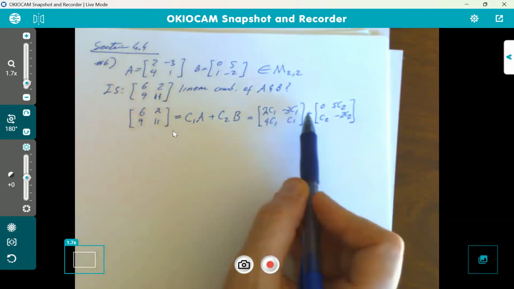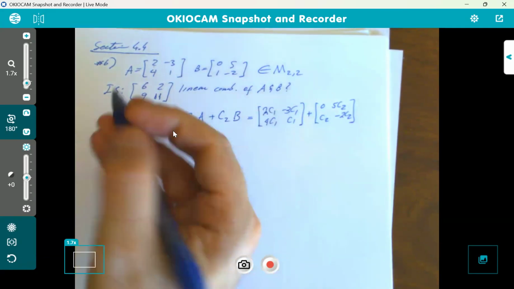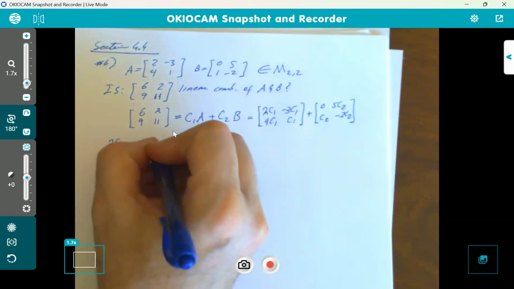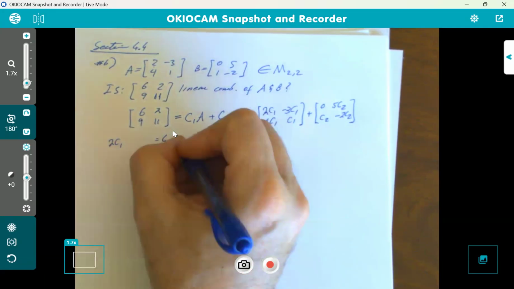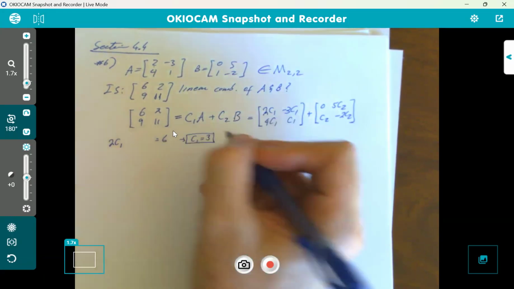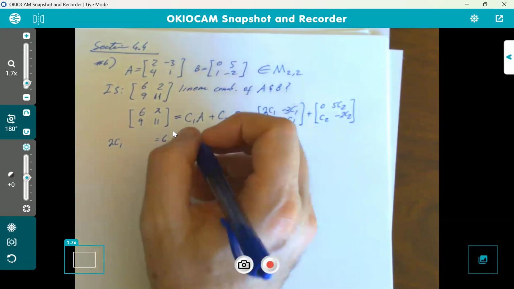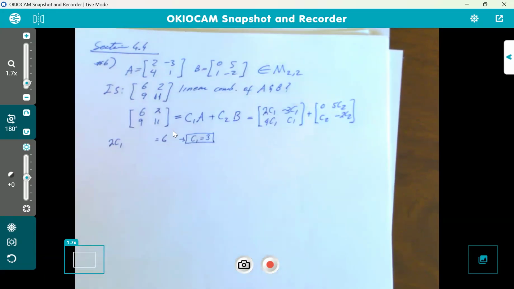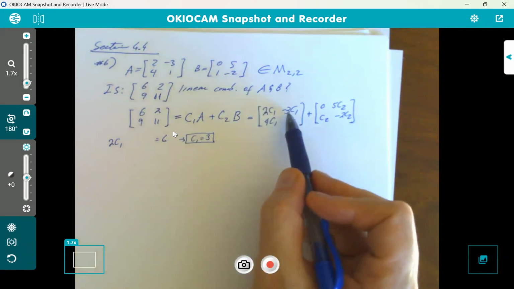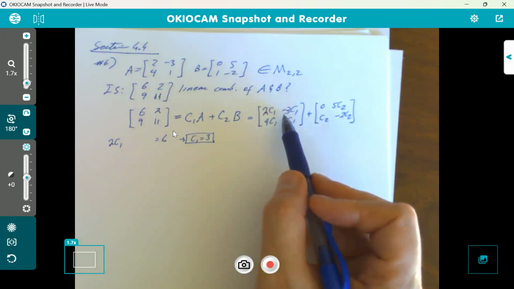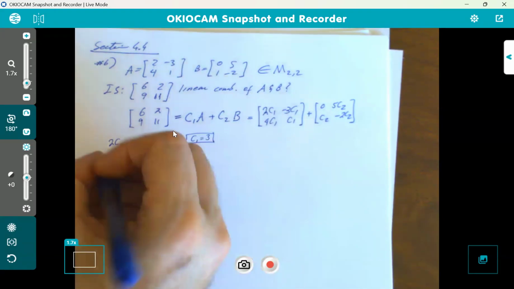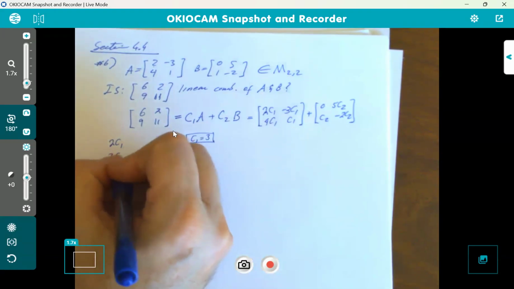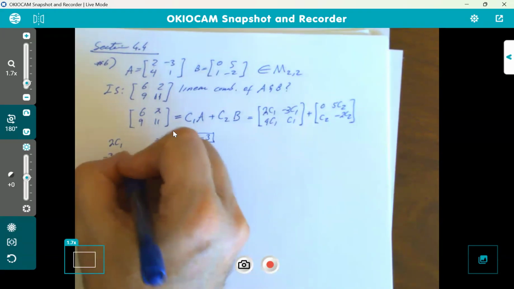So the sum of 2C1 and 0 must be 6. So I can write my system now. 2C1 equals 6. So from this right away, I get C1 is 3. True. If 2C1 is 6, then C1 must be 3. Now, this element in the first row, second column, what do I have? I have negative 3C1 plus 5C2.